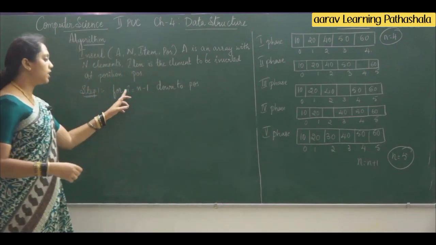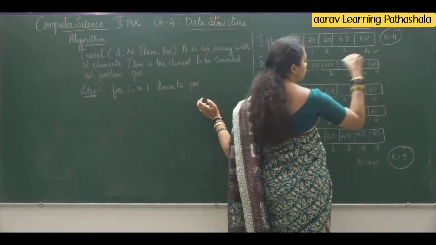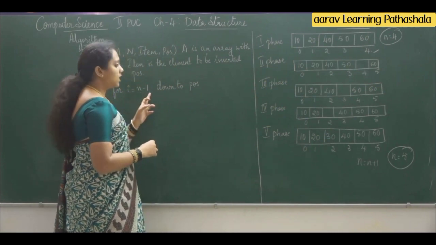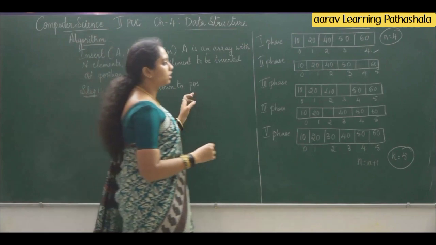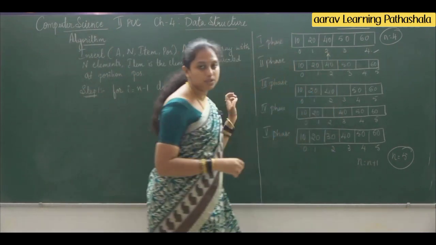That is, for I is equal to n minus 1 is nothing but the last position. N minus 1 is the last position. Down to position means till the required position.